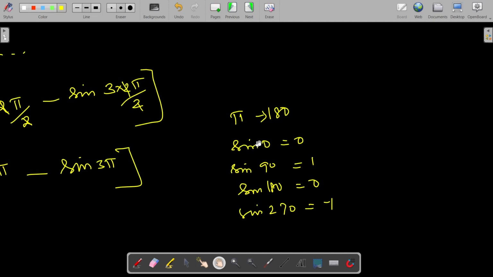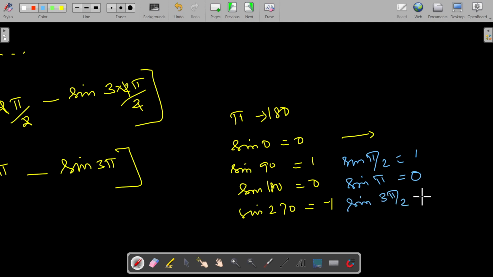And if you write it in terms of π: sine 0 is 0, sine π/2 is equal to 1, sine π, that is 180, is equal to 0, sine 3π/2 is equal to minus 1.